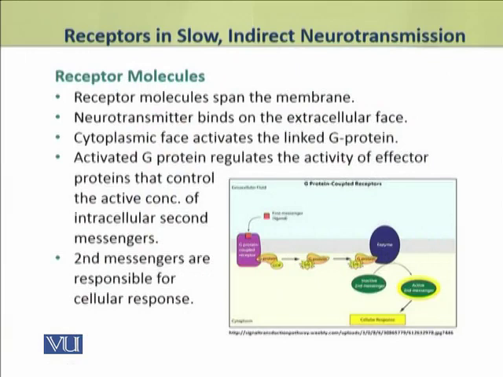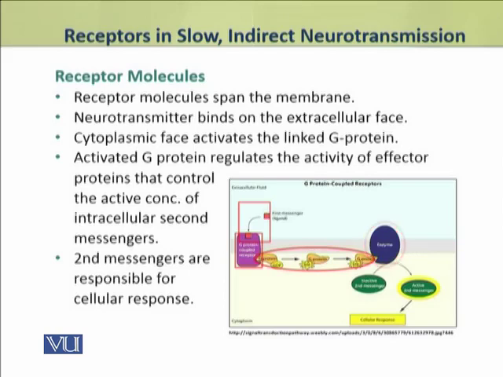The receptor molecule is a large molecule that spans the membrane. Neurotransmitter binds at the extracellular phase of this receptor molecule. The cytoplasmic phase of this receptor activates the G protein that is linked to it.